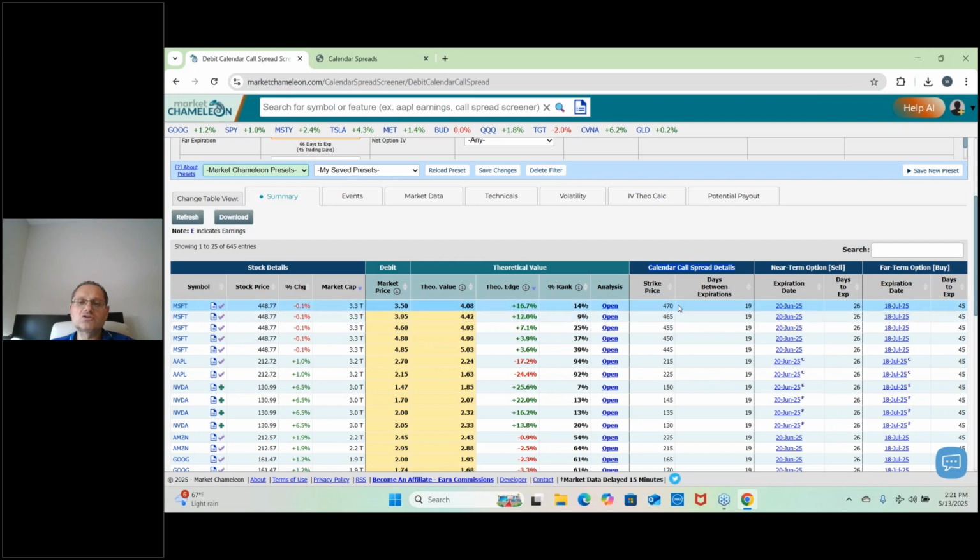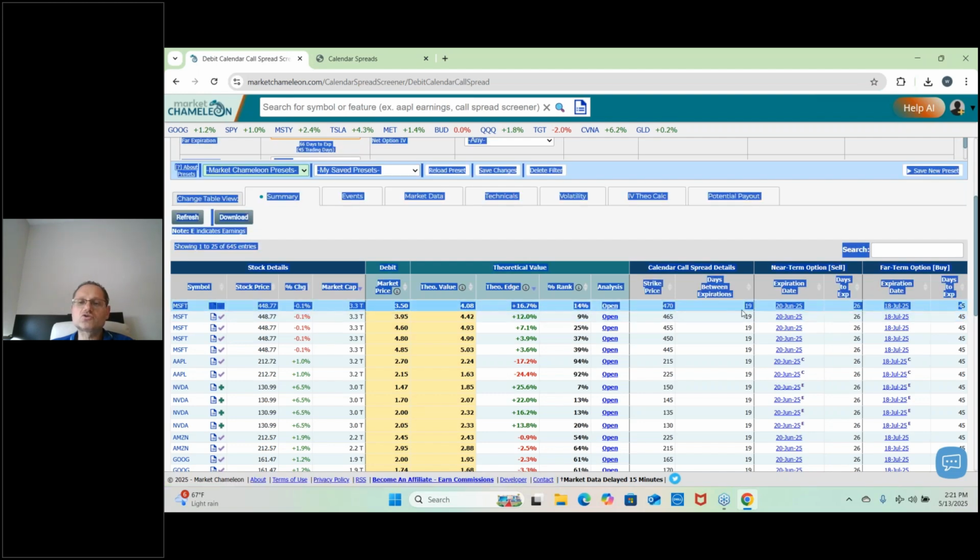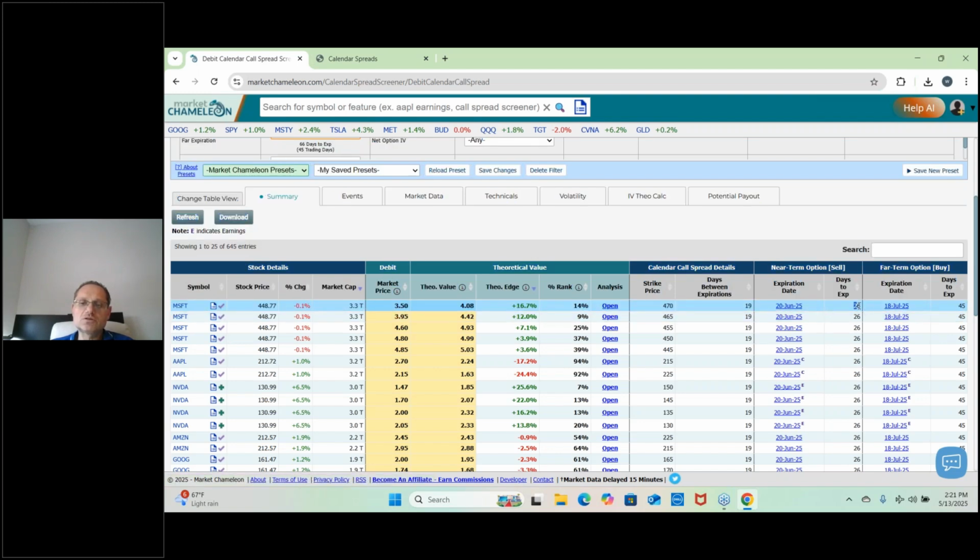It's the 470 strike, the June 20th call with 26 days to expiration, and then the July 18th call with 45. They both have the same strike, 470, and you can see the days to expiration. So what's the cost of that strategy? $3.50.